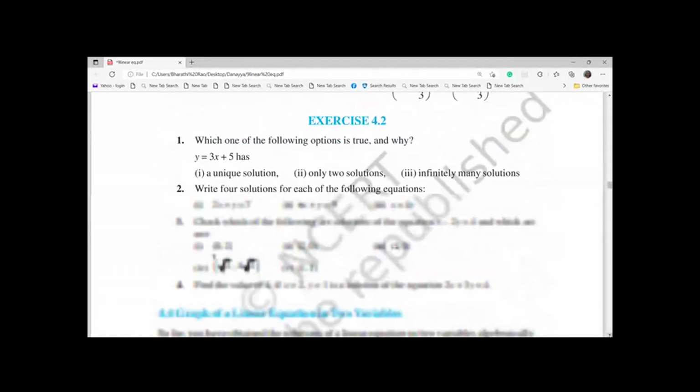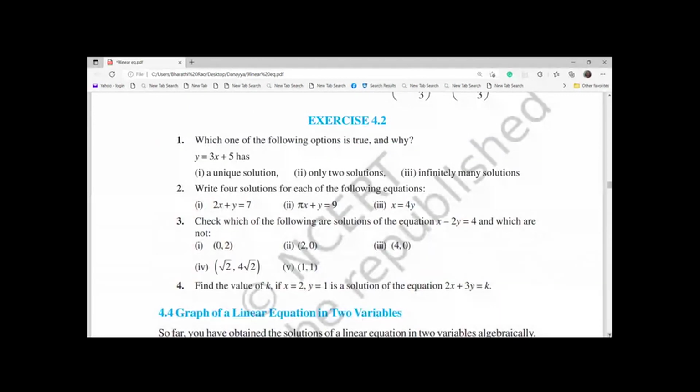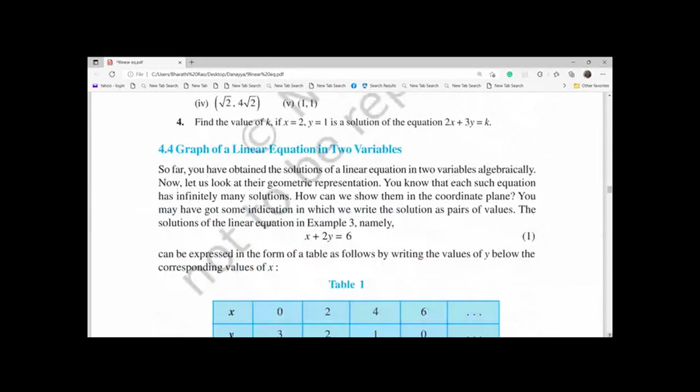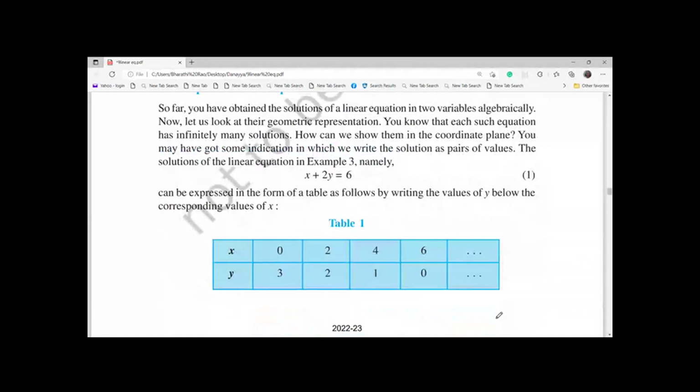Now, here, it will have many solutions, and then we can represent it in the form of a graph. Now see here, if x plus 2y equal to 6, if x takes 0, y will take 3. If x is 2, y is 2. If x is 4, y is 1. If x is 6, y is 0.